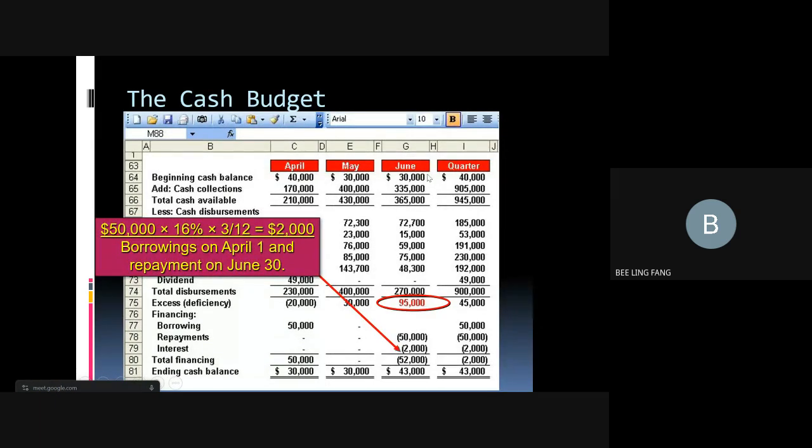But you go to the carry forward to June again, okay? You got a deficiency, then you need to borrow. So for this case, because previously you borrowed 50,000, you have to pay back here.